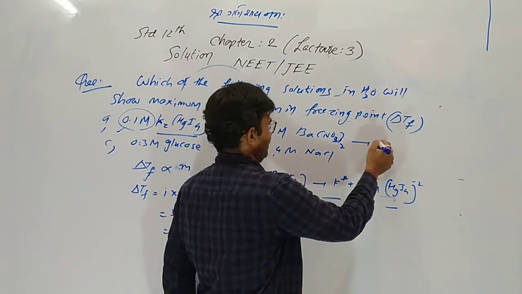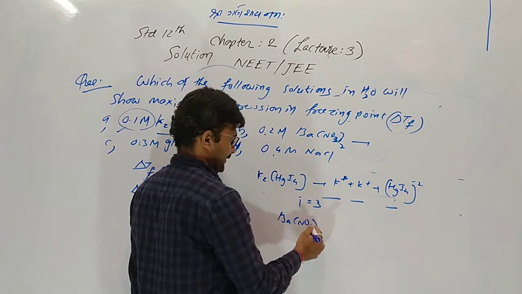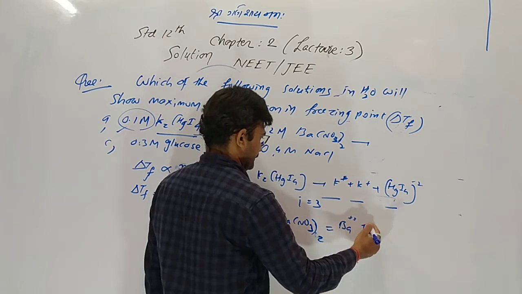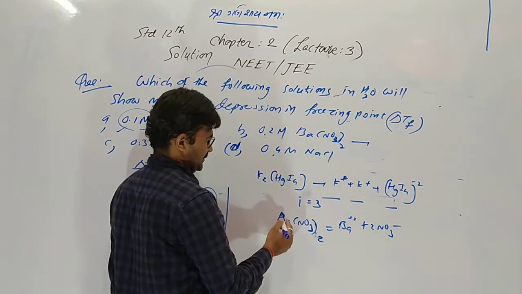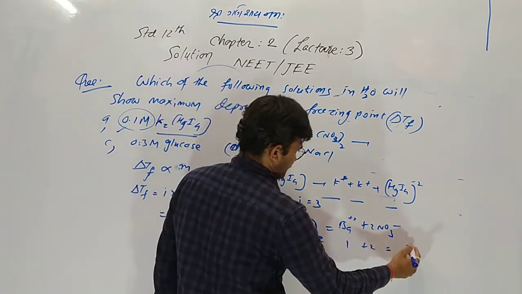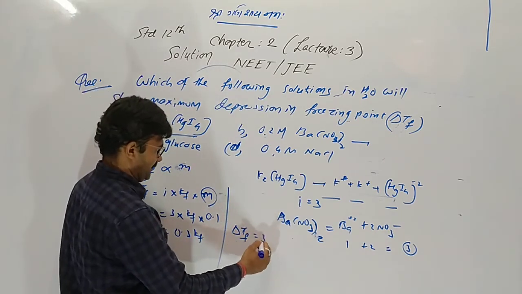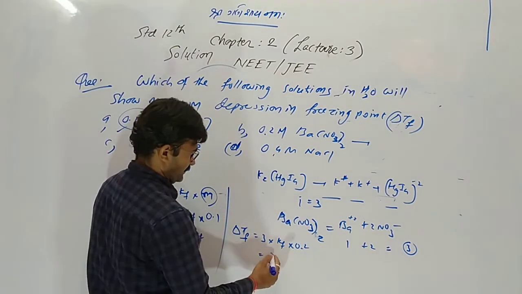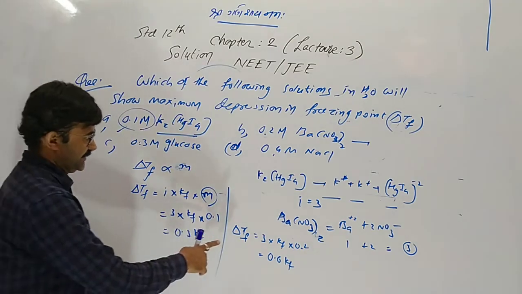In the case of barium nitrate, you can see 1 barium and 2 nitrate ions. So here 1 plus 2, van't Hoff factor 3. So delta Tf is equal to 3 into Kf and 0.2, so 0.6 Kf for barium nitrate.